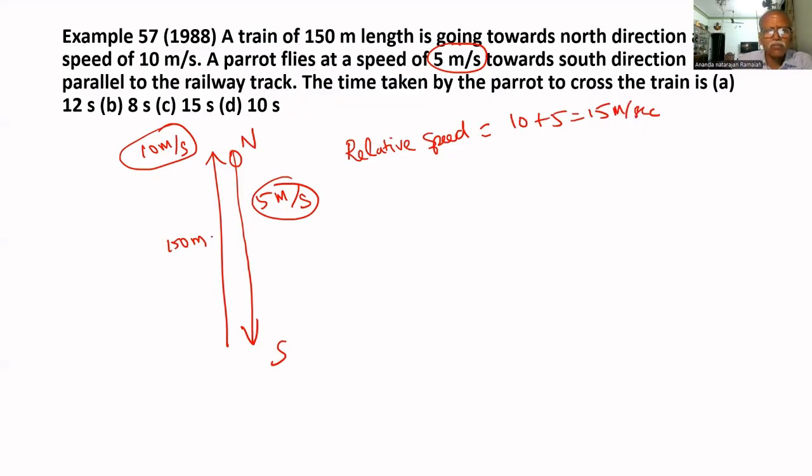So, with respect to train, the speed of parrot is 15 meter per second because it is traveling in the opposite direction. Therefore, time taken to cross the train length is 150 meter divided by 15 meter per second. Therefore, 10 seconds, it will cross the train in 10 seconds. D is the answer.